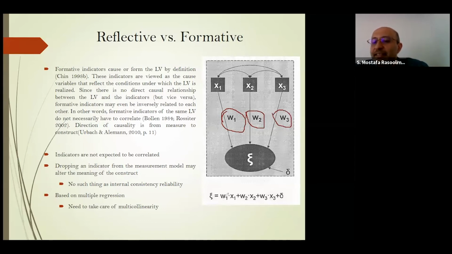Here we have weights, W1 X1, W2 X2, W3 X3, plus error, and the error term is at the construct level, not the item level. So the value of weight can be low. No need to be higher than 0.7. The value of weight just needs to be significant.